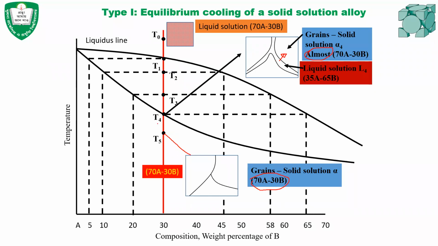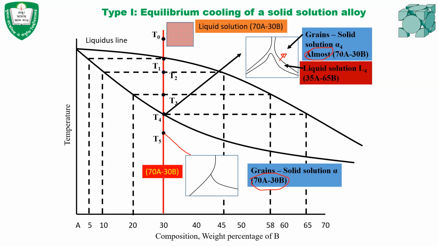That means when the temperature reaches T4, the solid will have almost 70A30B composition, which is the composition of the alloy, but it is not completely 70%. It will be less than 70% A, like 69% or 69.5% or something like that.